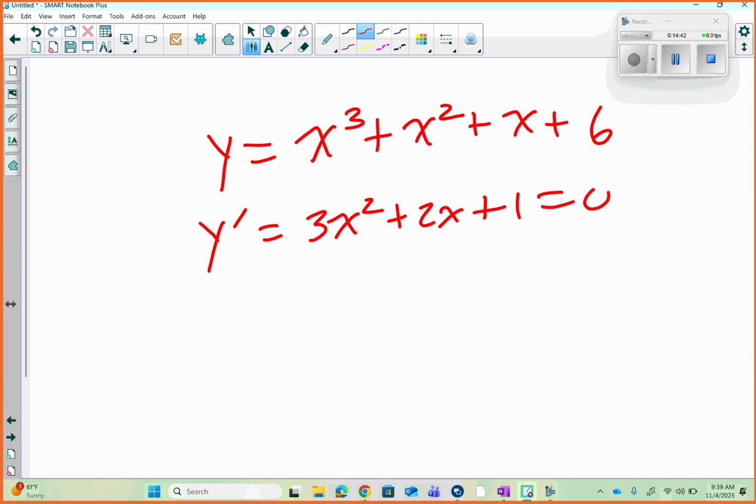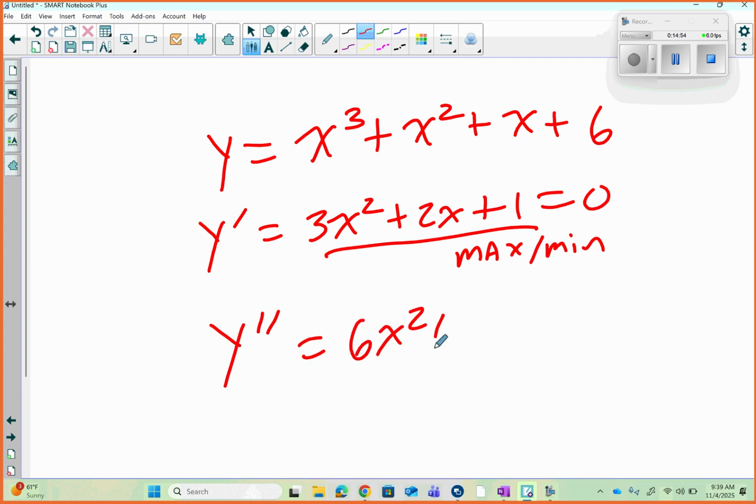And if you set this equal to 0, and I'm not going to ask you to factor that or use Desmos, this is going to find me my maxes or my mins. And if I took the second derivative of that, I'm going to get this. And I set this equal to 0, this is going to find me my point of inflection. Now, it is possible a point of inflection does not exist on a graph.